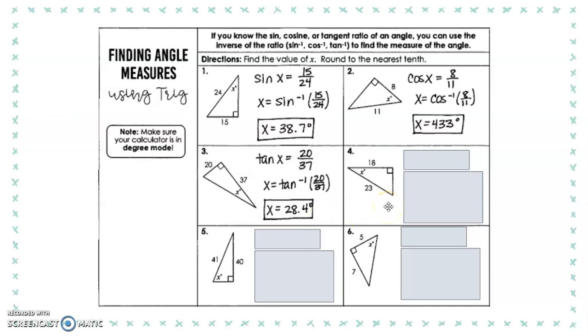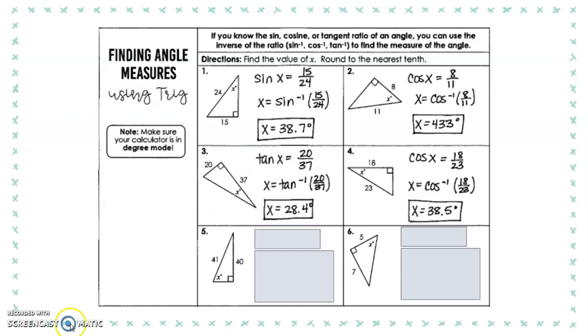For number 4, again, from x, we're figuring out that trig ratio. In this case, I have my adjacent side and I have my hypotenuse, so we're going to use the cosine. When I solve for x, I'm using that inverse, and I find 38.5. For number 5, I'm looking at angle x.